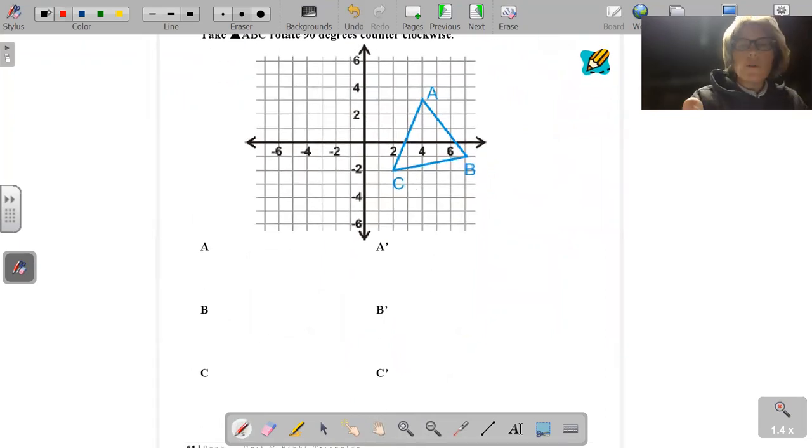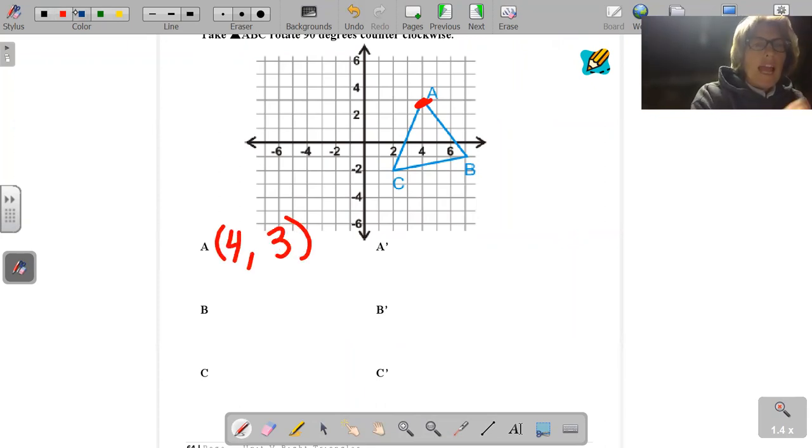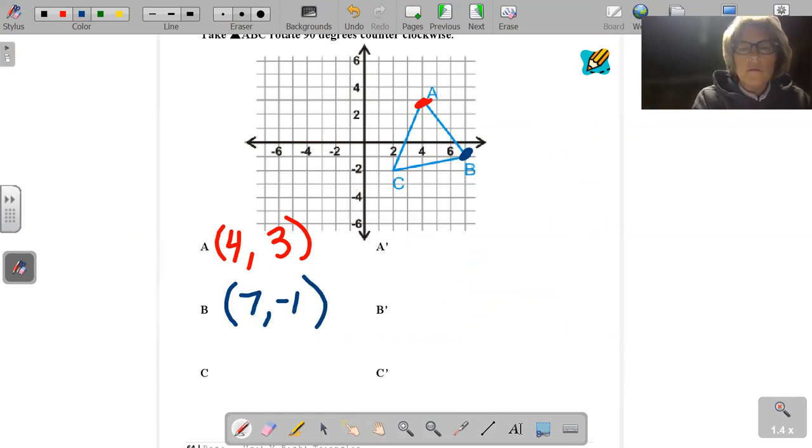Same 3 coordinates we've been using the whole time. A is at 4, 3. B is 7, -1. C is 2, -2.